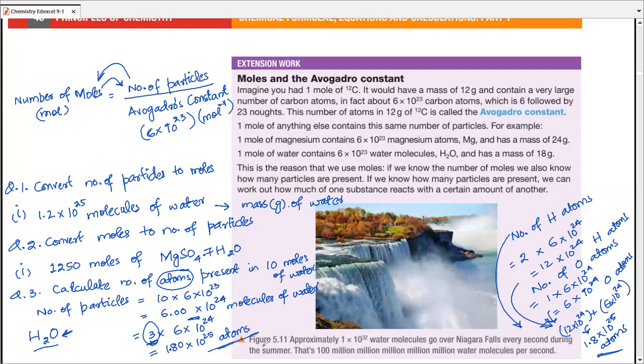All right. If you're good with this, fine. If you think you can't work your way around it, or you can't picture it in your mind, search the same terms, moles and the Avogadro's constant.